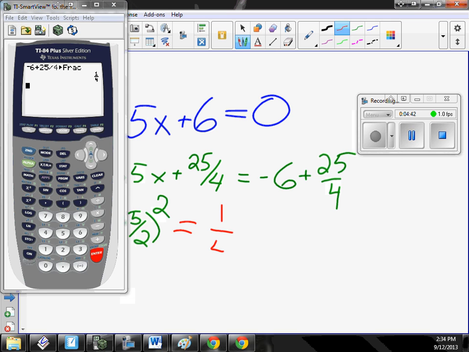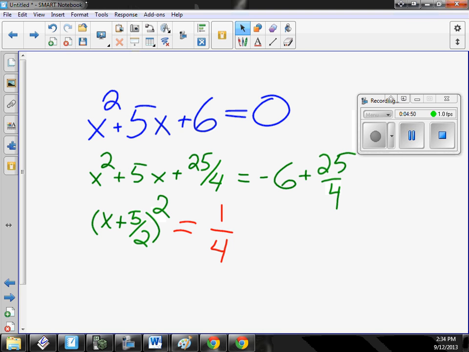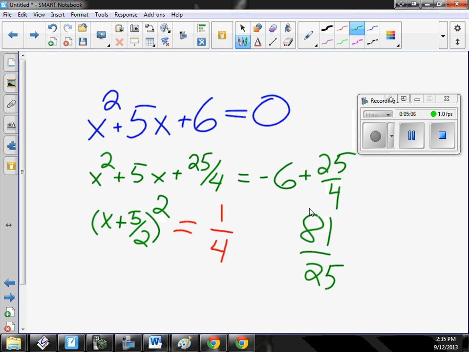Well, 1/4 is really nice because 1 is a perfect square and 4 is a perfect square. So we wanted to keep it in fraction form. If I got 0.25 here, then you might not notice that it's made up of two perfect squares. If you end up with something like 81/25ths, that's good, because both the top and the bottom are perfect squares.